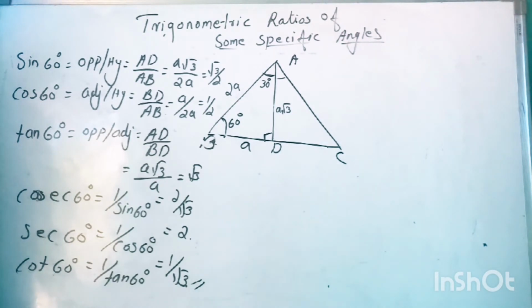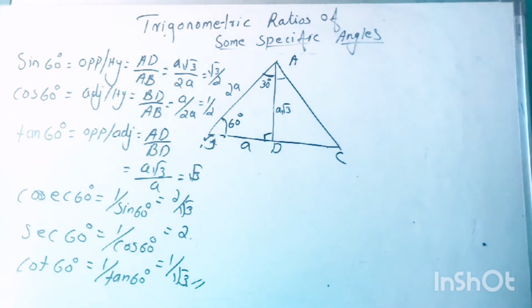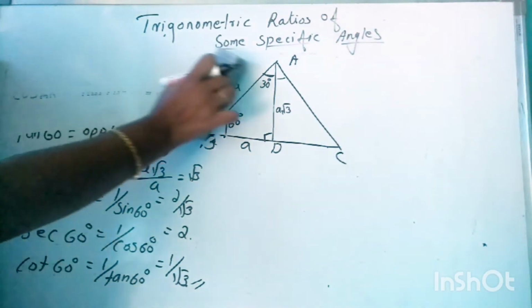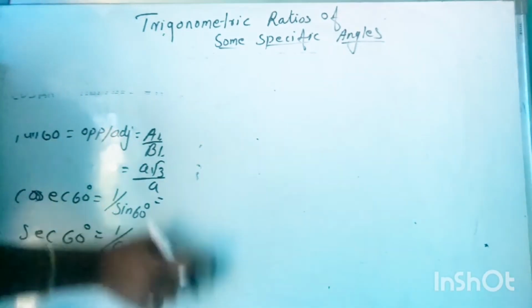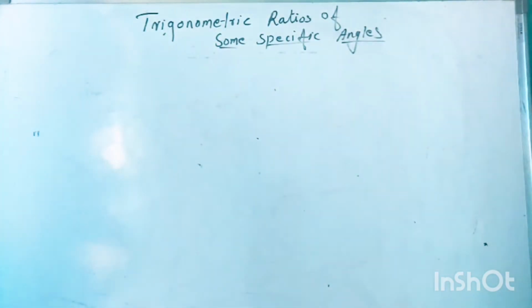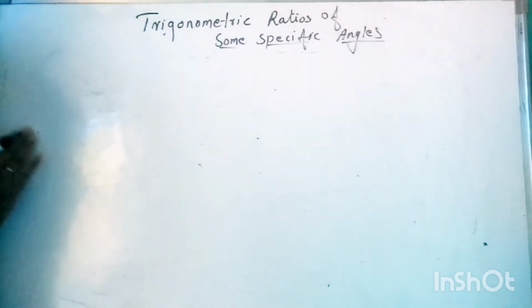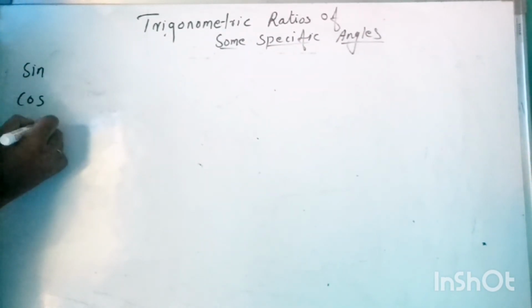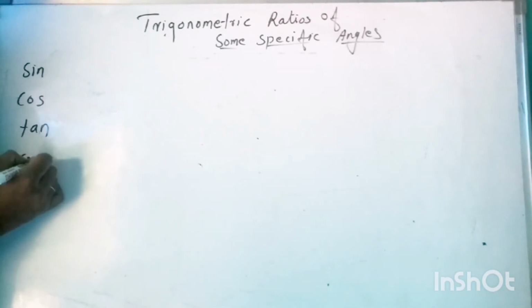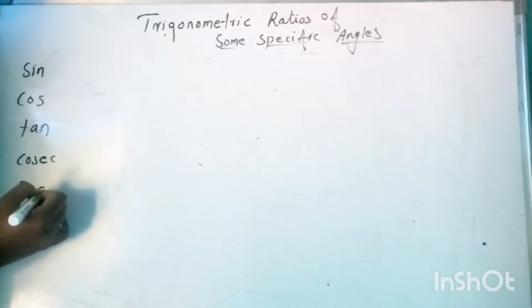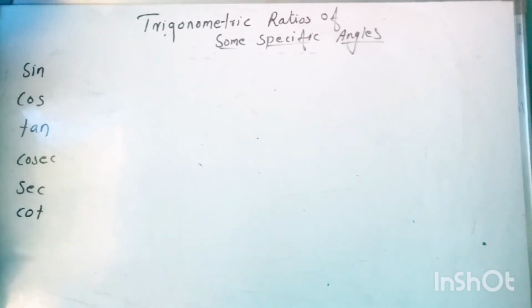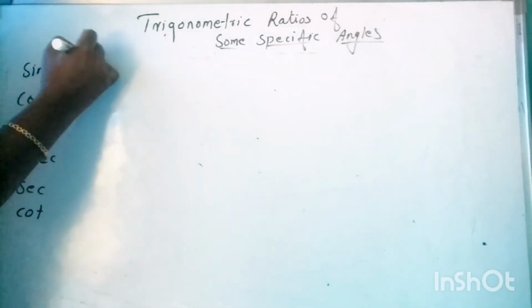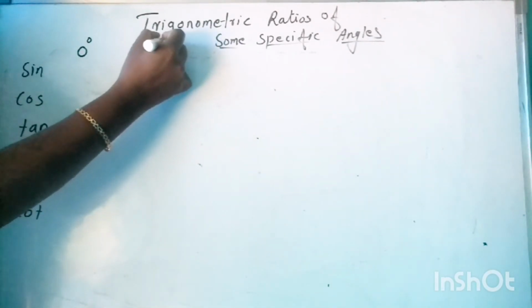Now we need to discuss the trigonometric ratios of 0 degree and 90 degree. Sine, cos, tan, cosec, sec, cot at 0 degree and 90 degree.